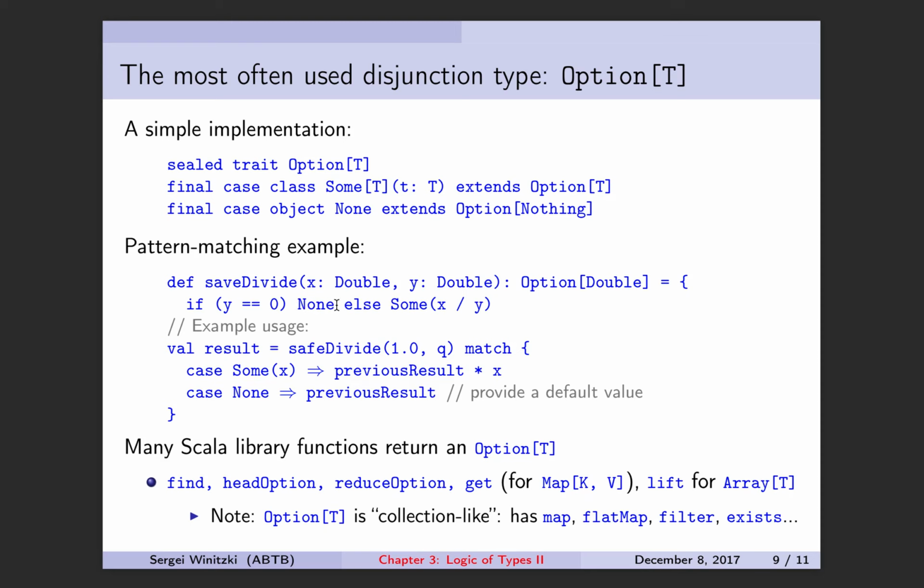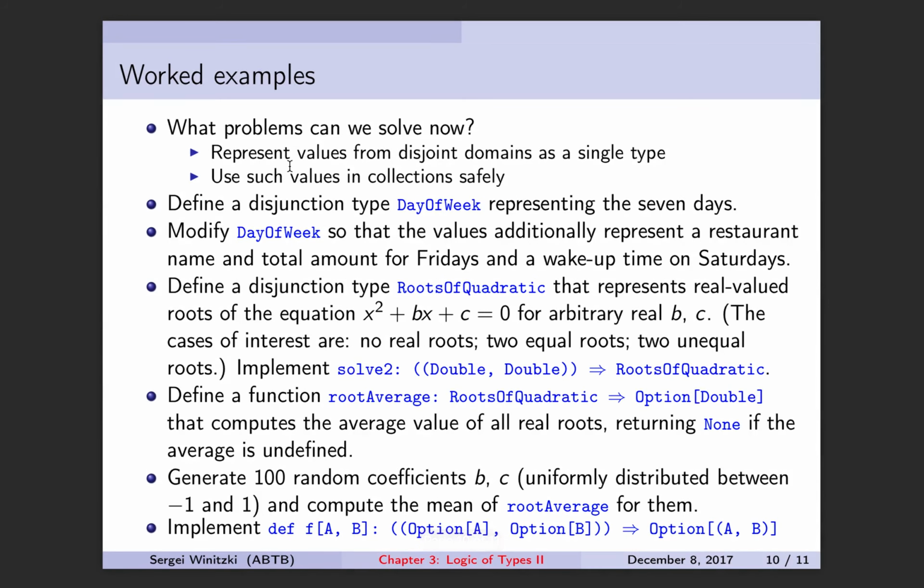It's a different domain which has an empty result. And I show that option has many helpful functions that you can use to work with it. I give a lot of examples of using disjunction types and how to define them according to each problem at hand.